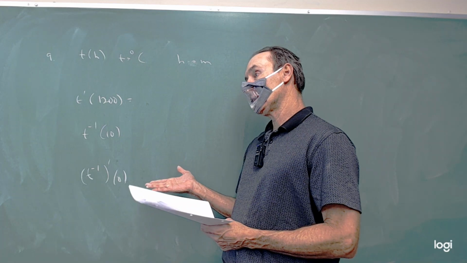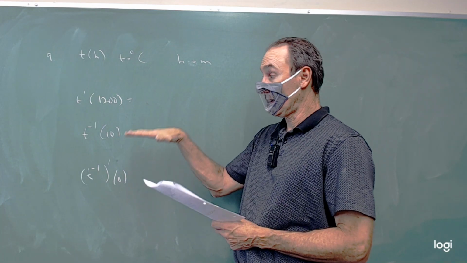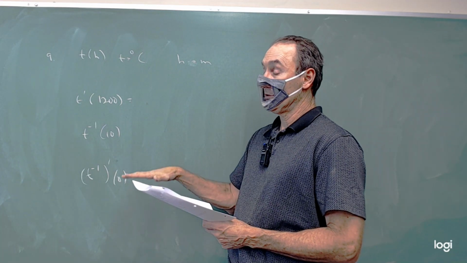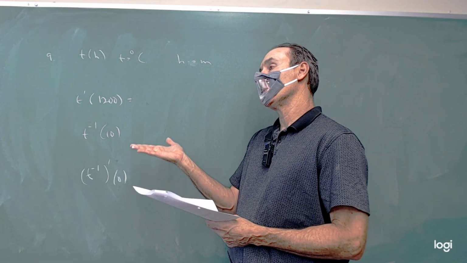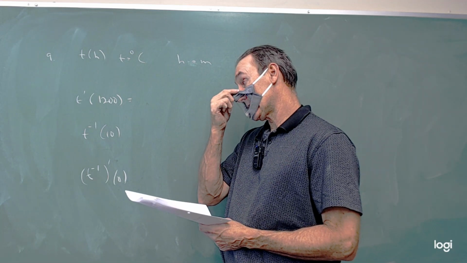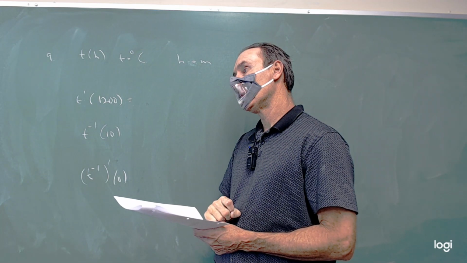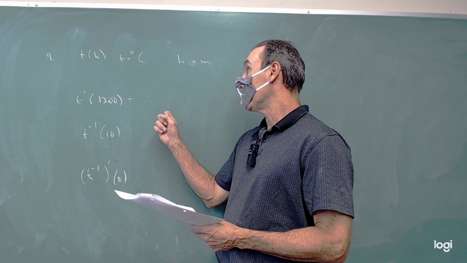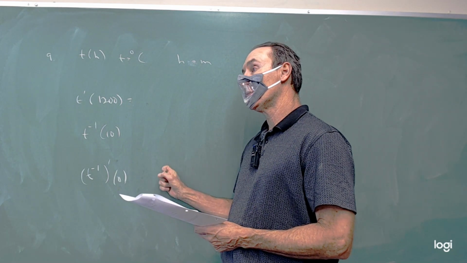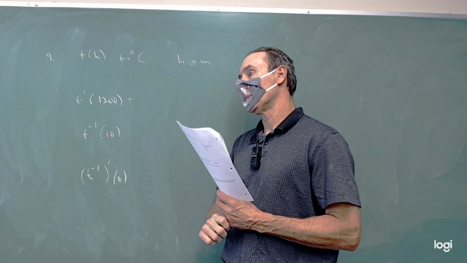So what it's saying is how many meters do you go down to increase the temperature by 1, or how many meters do you go up to decrease the temperature by 1. So it's a rate of change in meters per degree when the temperature is 0 degrees.